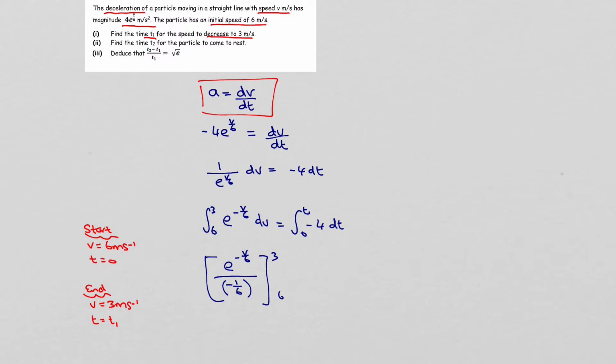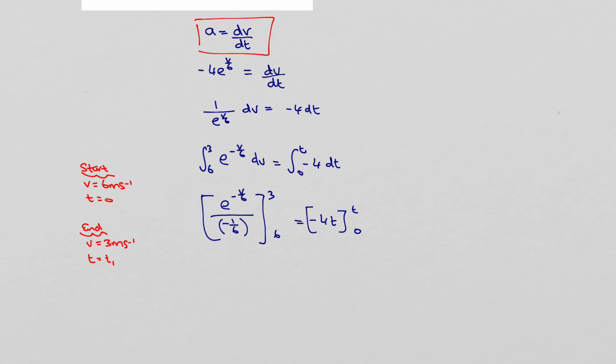My limits are 3 and 6. If I integrate minus 4 with respect to t, I get minus 4t, and my limits are t1 and 0. I'm dividing by a fraction, so I'm going to turn that upside down and multiply. So it's going to be minus 6e to the power of minus v over 6.